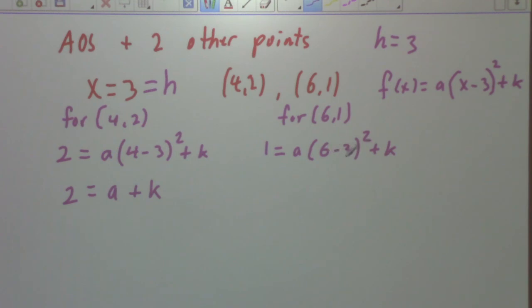And what's 6 minus 3 squared? 9. That's going to be 9. So we have 1 is equal to 9a plus k. And so now do we have enough to solve for this? Yeah, we do.